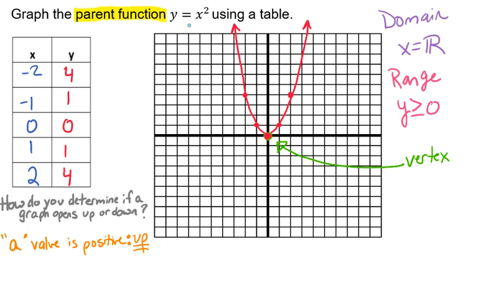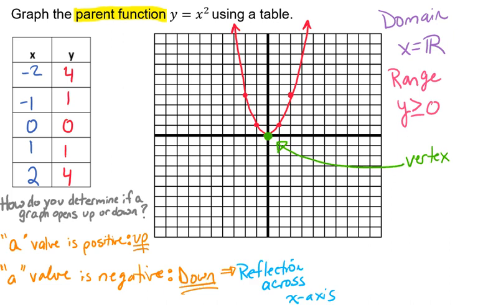Notice that our x squared was a positive x squared. But if that a value is negative, then our graph is going to reflect across the x-axis and open down. So instead of looking like a U, it's going to look like an N. So open down. And again, that's a reflection across the x-axis.